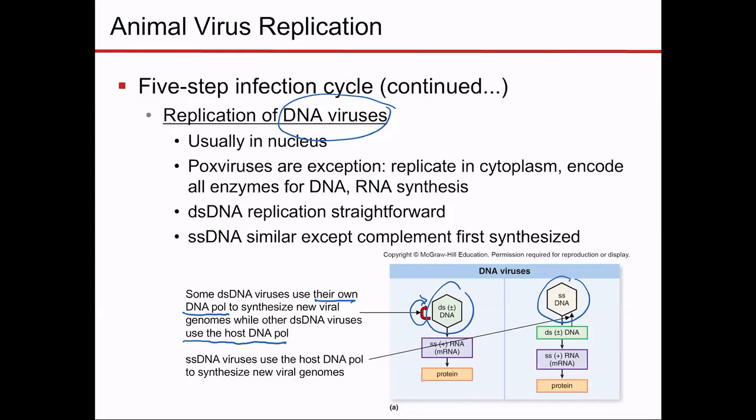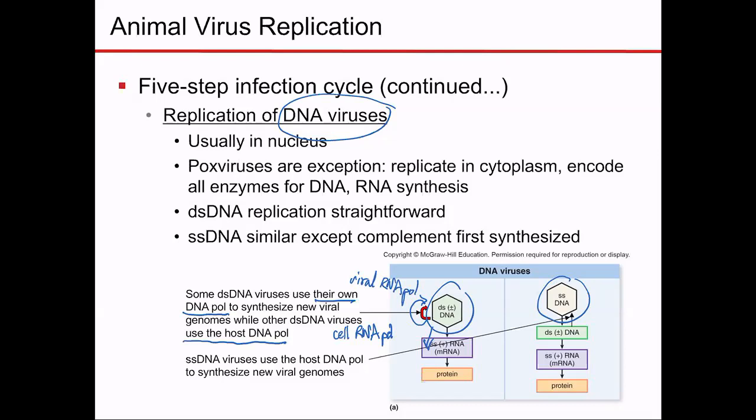When that genome is replicated and copies of that DNA viral genome are produced, then now, of course, the genes that the virus has there in that genome will have to be expressed. And those genes will be expressed usually with the help of the cell RNA polymerase transcribing those viral genes. Although, on some occasions, we may find viruses that bring their own viral RNA polymerase to do the process of transcription.